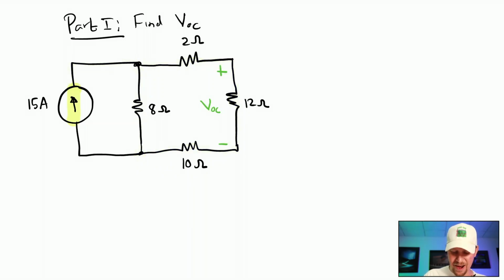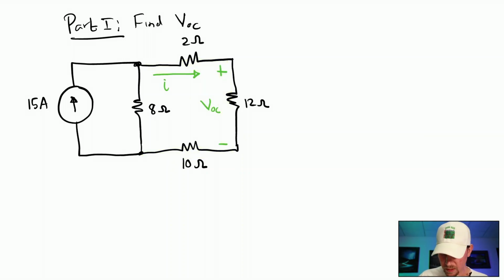You cannot get almost an easier current divider here. So we're going to use current division in order to find the current I that's flowing through this top branch. And if I can find the current I that flows through that top branch, I can use Ohm's law across the 12 ohm resistor and get that open circuit voltage. So that's the strategy.